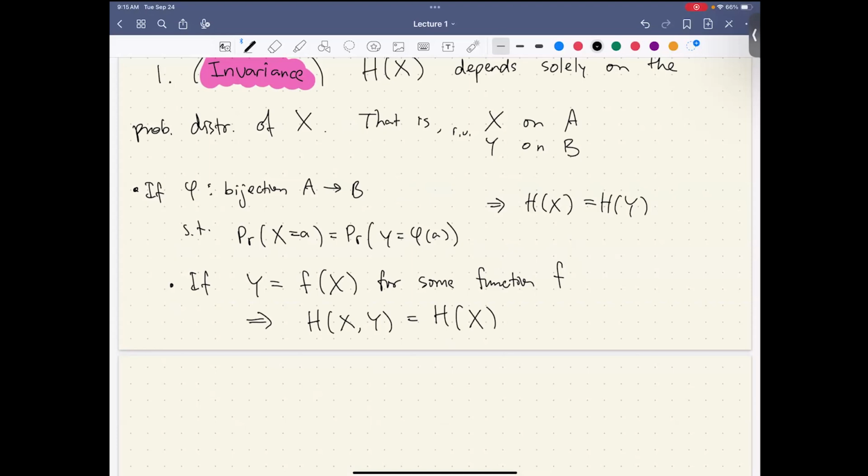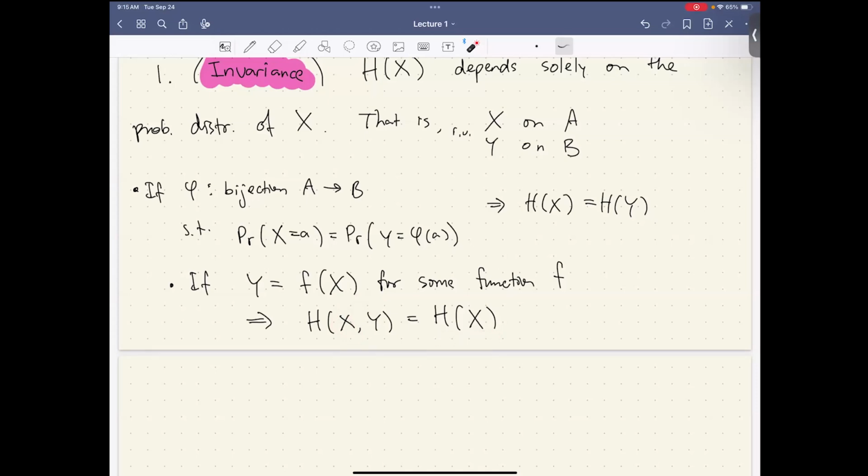How to explain this? This is because if we know x already, then since f is a deterministic function, we know everything about y. So the joint information x and y carries, if you already know x, y does not contribute anything. It's the same information as just x itself.